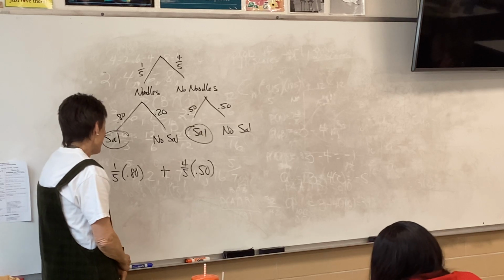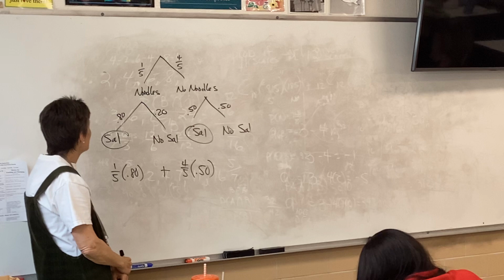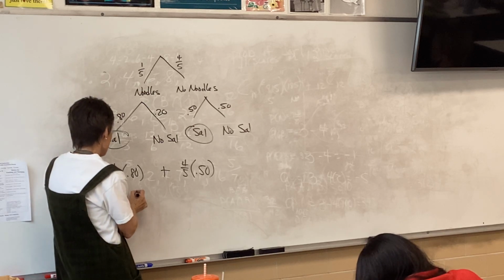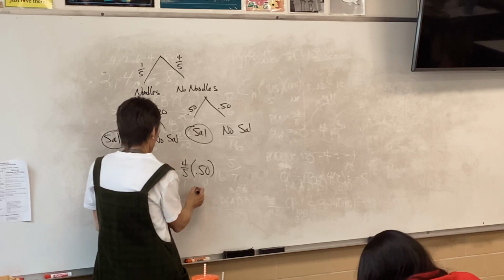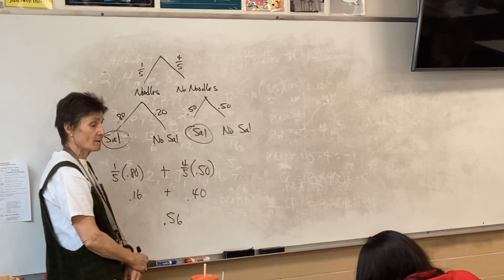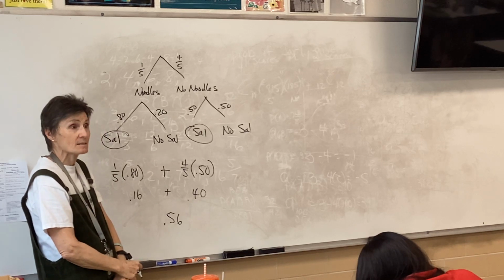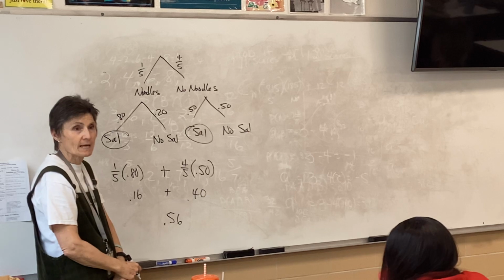So I just type that in on my calculator, and I get 0.16 plus 0.40. Did you get 0.56? There's a 56% chance that I will serve salad.